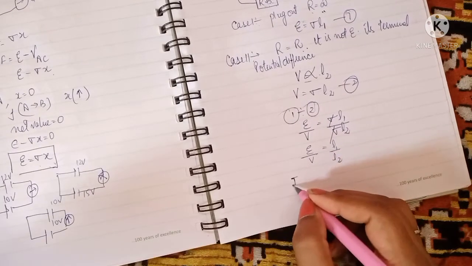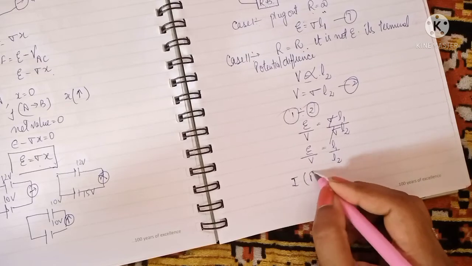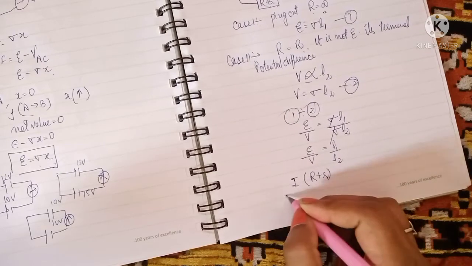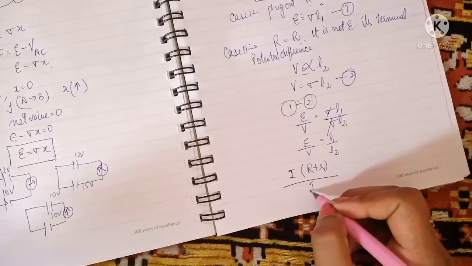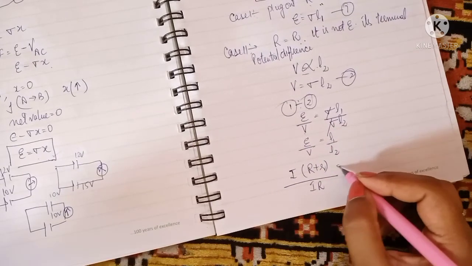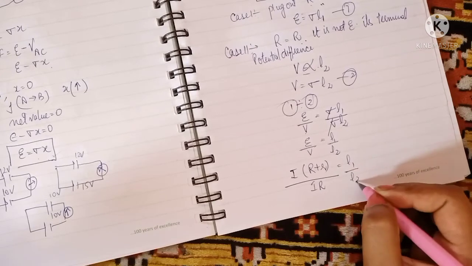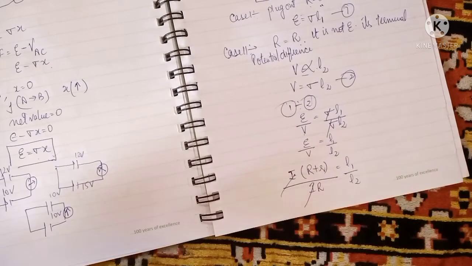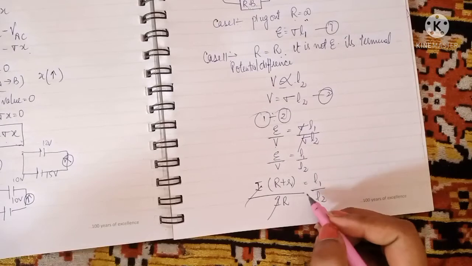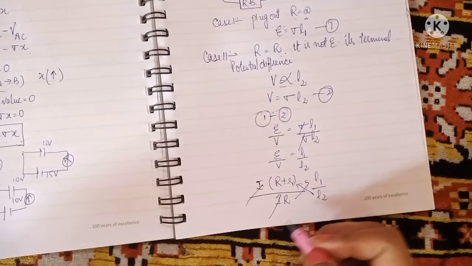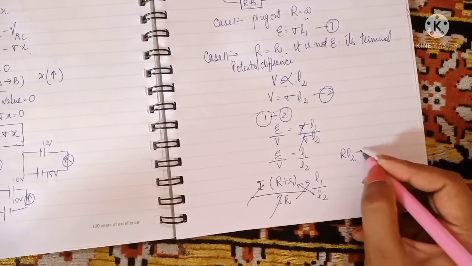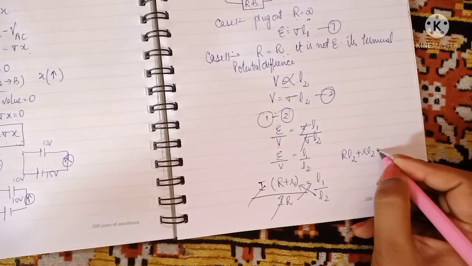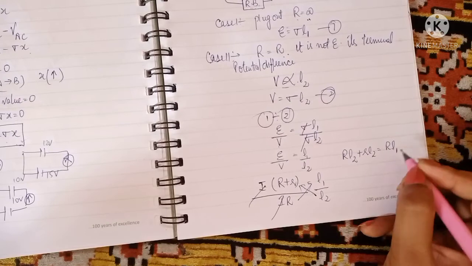That is I into (R plus r), which you have calculated in previous lectures. And V is always equal to IR. So here L1 upon L2, I and I are going to cancel. Just cross multiply, then we have RL1 plus rL1 equal to RL2... cross multiplying gives R plus r times L2 equals R L1.